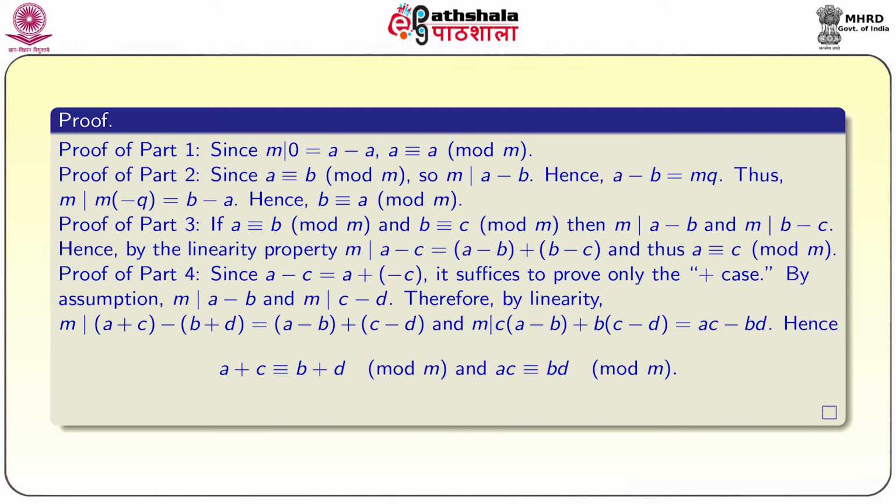So, we will get ac minus bd. Hence, a plus c is congruent to b plus d mod m, as well as ac is congruent to bd mod m. Now, I request you to go back to those slides and look again at what the statements are, otherwise we may forget what we are proving here.